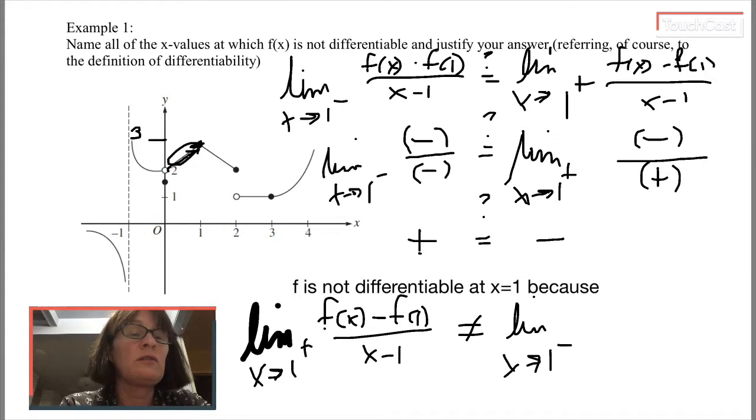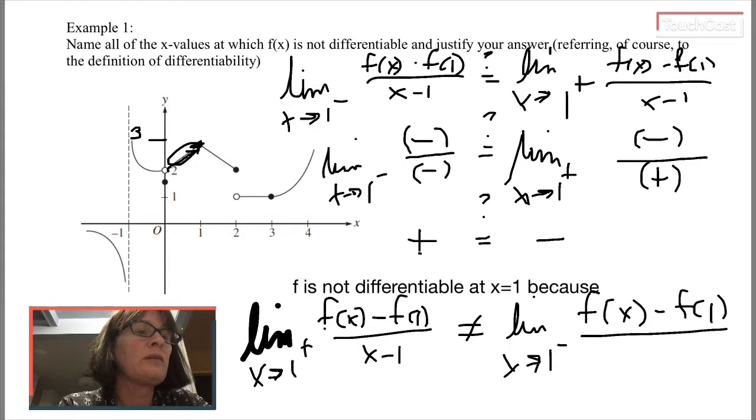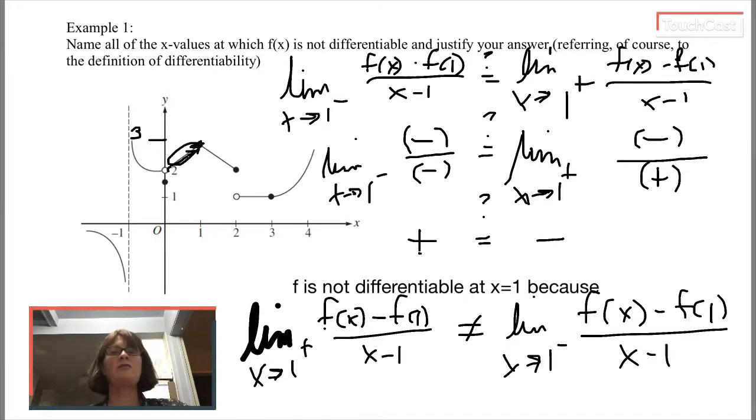Well, if that's from the right, then this can be from the left, f of x minus f of 1 over x minus 1. Final answer for what happens at x equals 1.